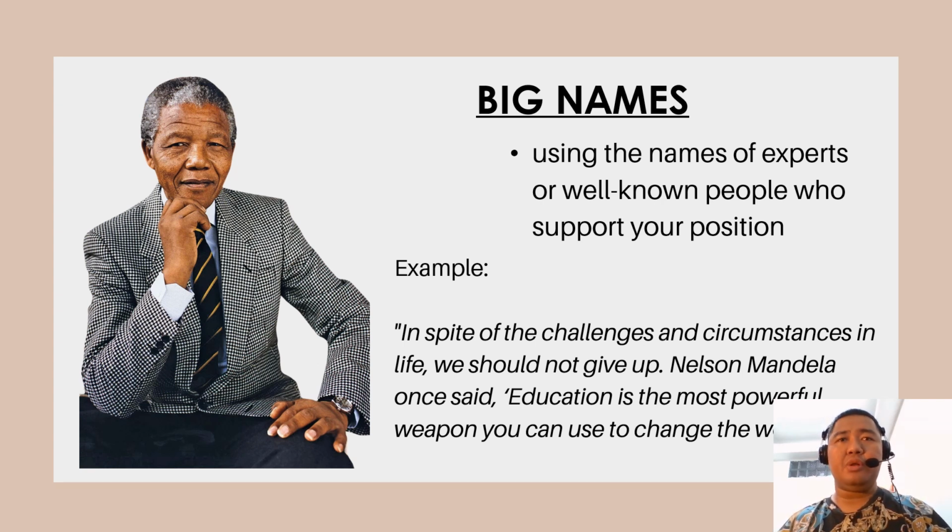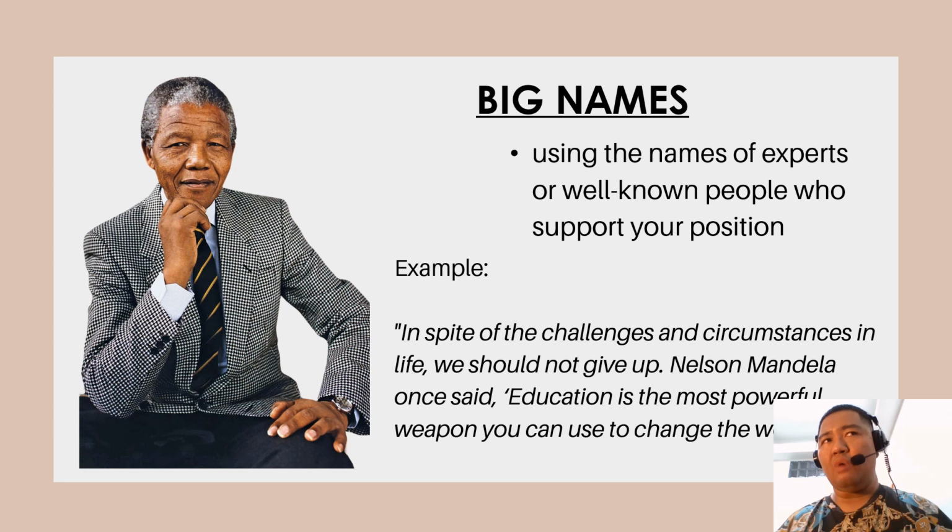Like for example, in spite of the challenges and circumstances in life, we should not give up. Nelson Mandela once said, education is the most powerful weapon you can use to change the world. So you're using here Nelson Mandela, which was a former president in South Africa, and who advocated for education.